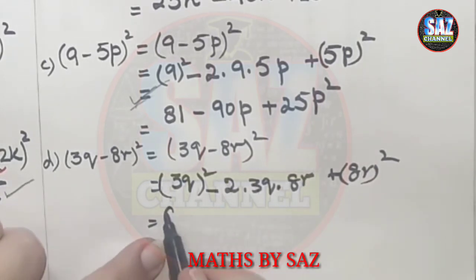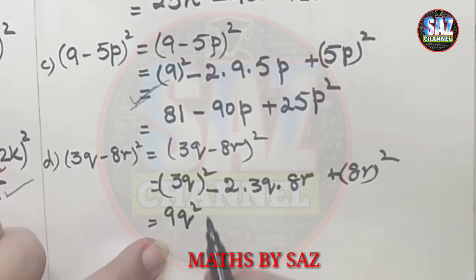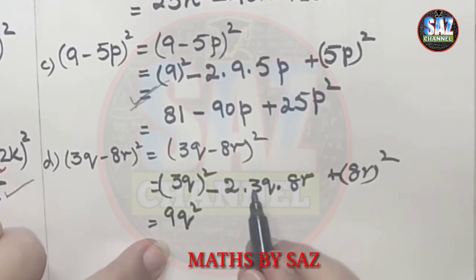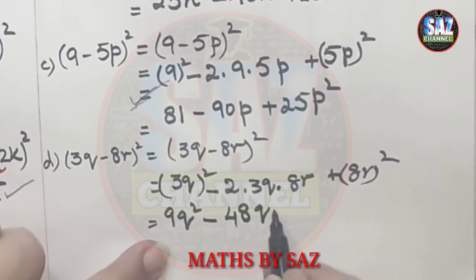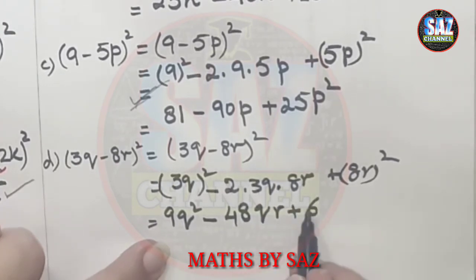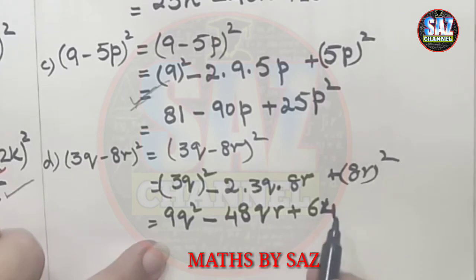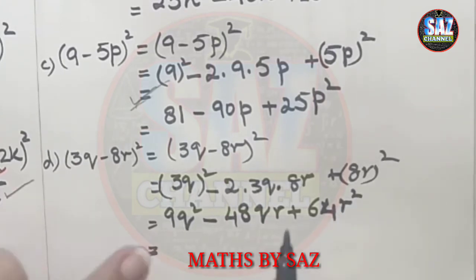So it will become 9q square. 2 3s are 6 multiplied by 8, 48, minus 48qr plus 64r square. I hope you have understood this lesson.